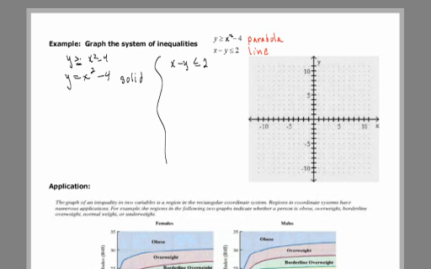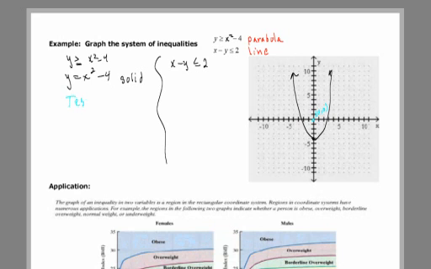Well, it's a parabola. It goes down 4. I don't need to find any points. 1, 2, 3, 4. So it's a solid parabola. Does something like this. Now, let's decide where to shade. I'll use 0, 0 as my test point.